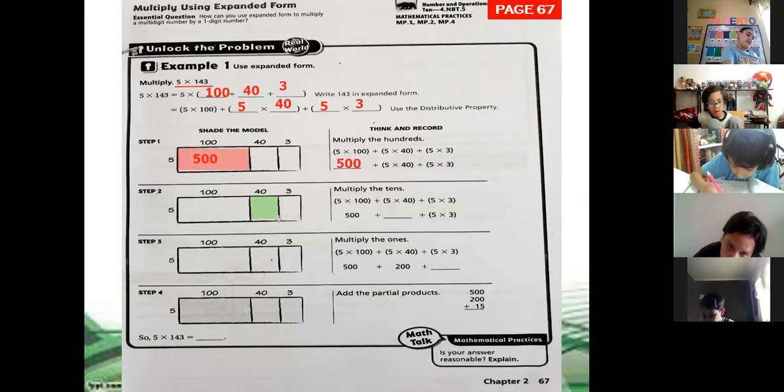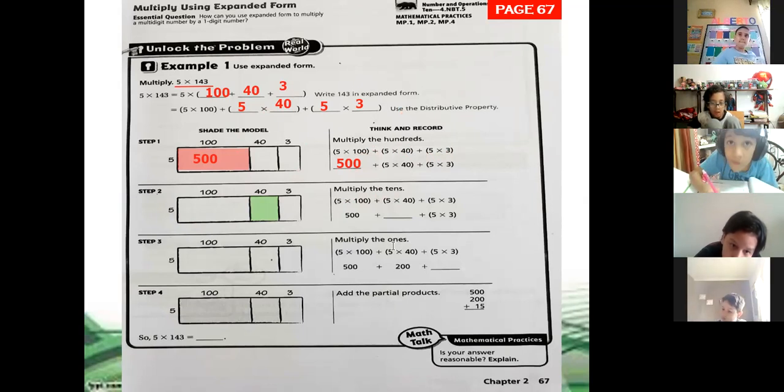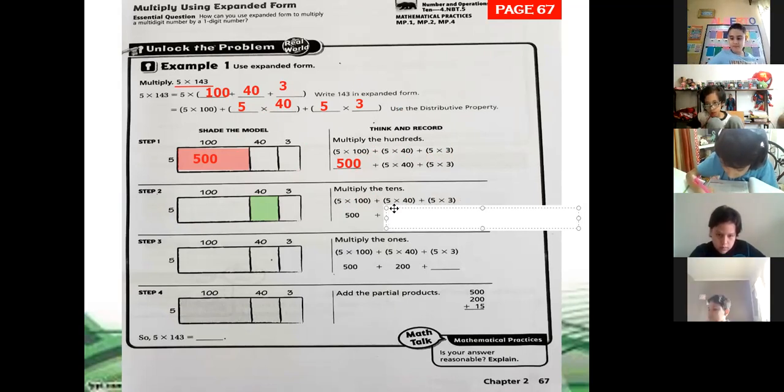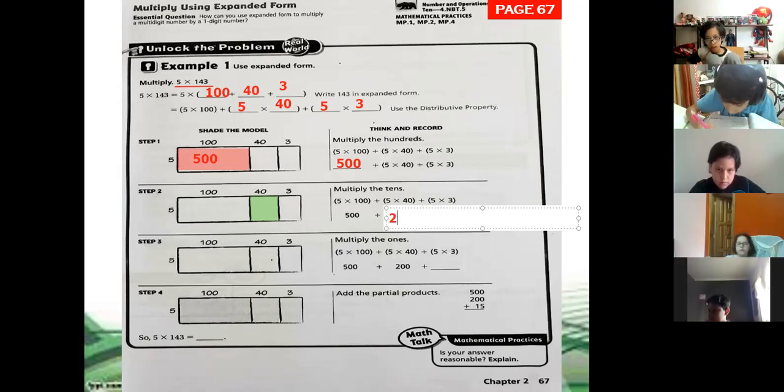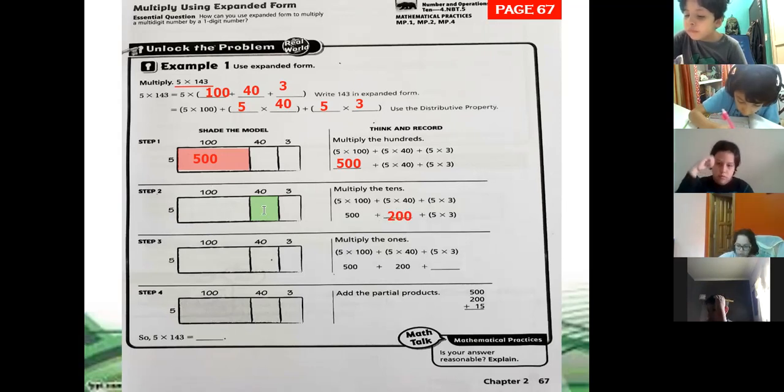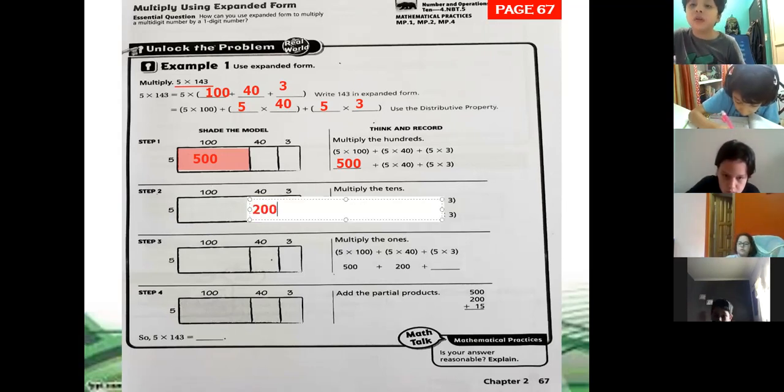Thank you, Rebecca. So we are going to color this one. What is the answer of 5 times 40? We multiply 5 times 4 and we get 20, and we copy 1 zero. So it's 200. Let's write it down here, 200.